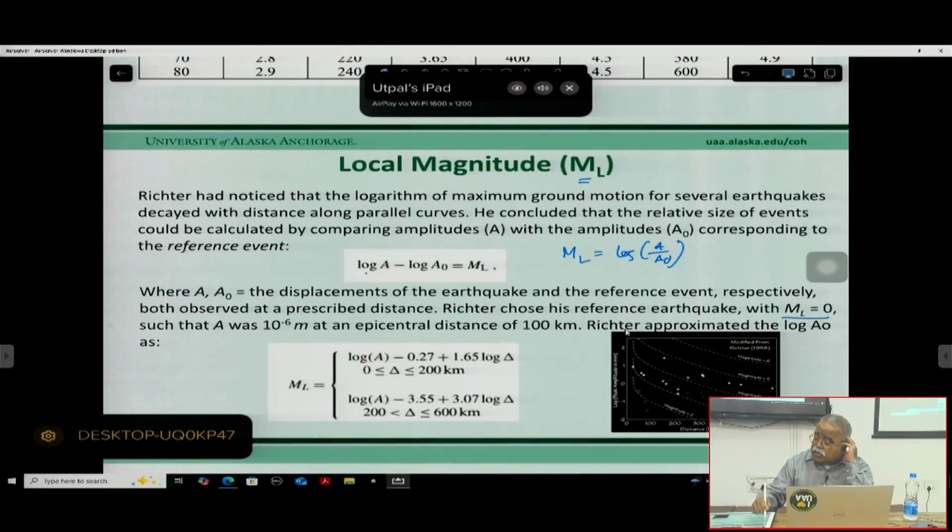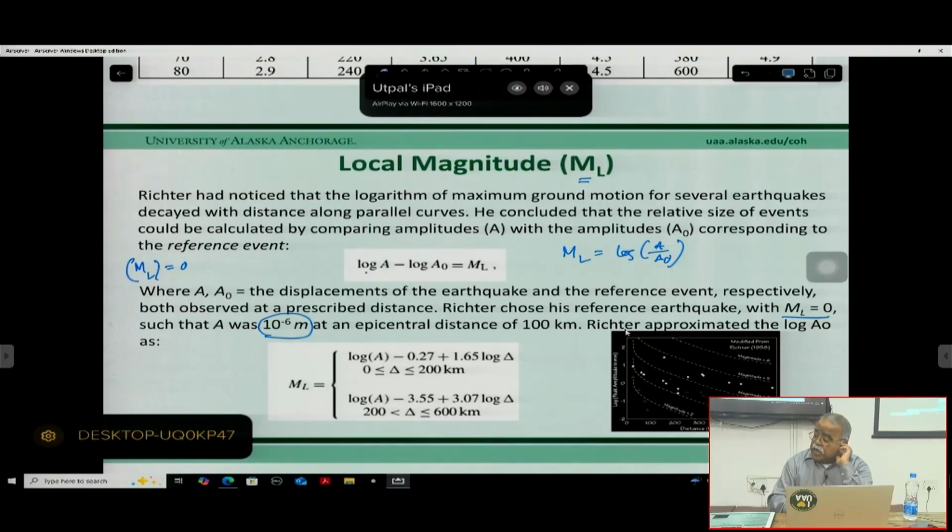So ML0 is the reference earthquake. So magnitude ML equals 0 is basically the reference earthquake, and that is minus 1.4. If you calculate that, it equals 10 to the power minus 6 meters, at an epicentral distance of 100 kilometers. So his formula, after being modified, is log A minus 0.26 plus 1.65 log delta, where delta is basically 0 to 200 kilometers.